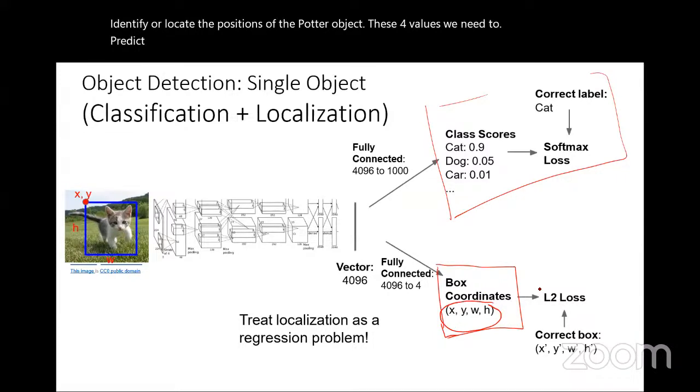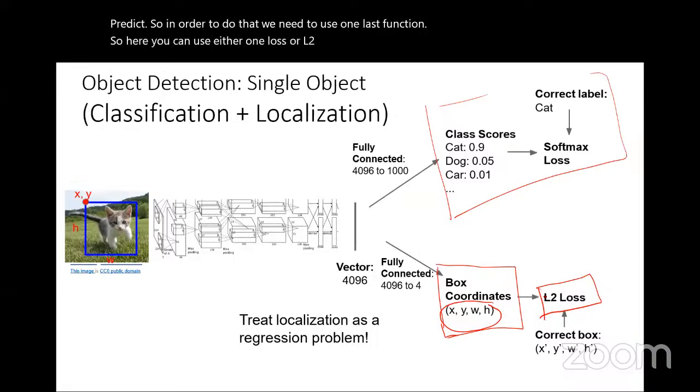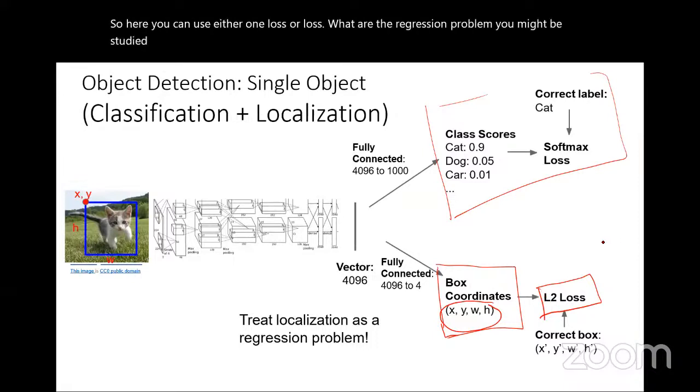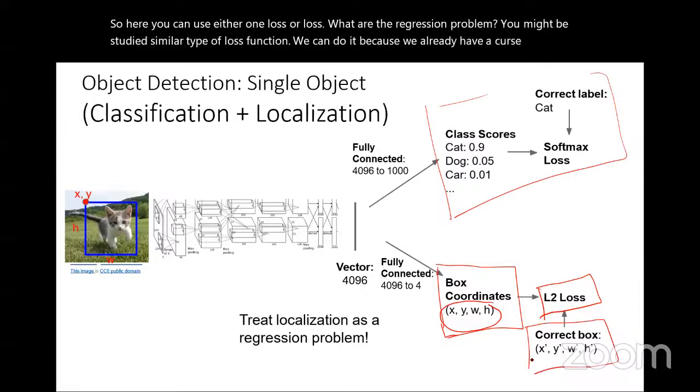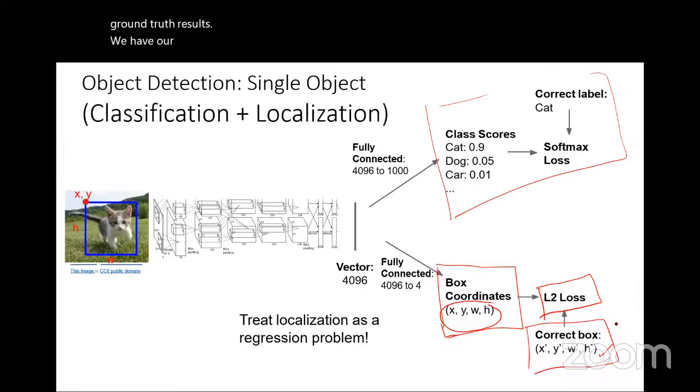In order to do that, we need to use a loss function. Here you can use either L1 loss or L2 loss, similar to whatever regression problem we have studied, because we already have the corresponding ground truth. We have our label, and now we are trying to predict these 4 coordinate values with the help of the L2 loss.